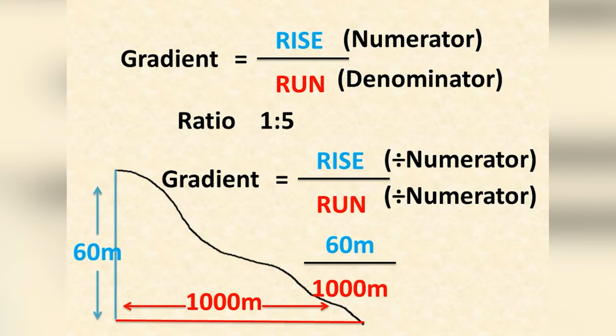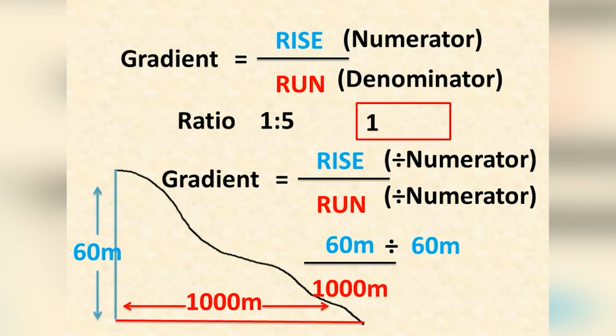Simply calculating 60 divided by 1,000 would not give us a ratio. So we need to divide 60 by 60, which gives us 1. Then we divide 1,000 by 60 as well, which gives us 1 to 16.7 meters. And that's how we calculate it.